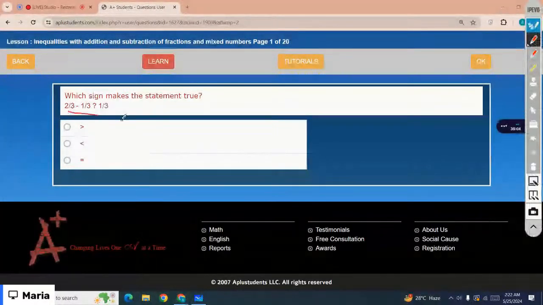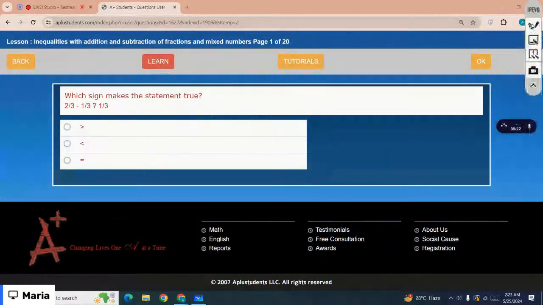So solve this side first, right? 2 by 3 minus 1 by 3 is 1 by 3 and you have to compare. So 1 by 3 is exactly equal to 1 over 3. The correct option is equal.